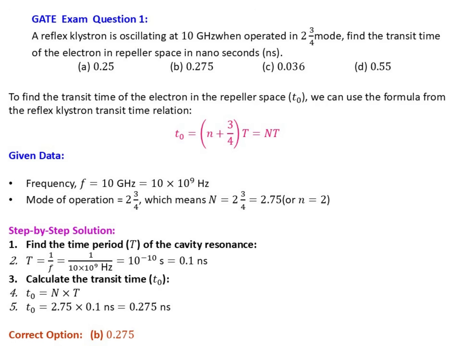Once the RF period is known, we use the appropriate mode condition. The mode tells us how many RF cycles are included in the electron round-trip transit time. After substitution, we obtain the required transit time in nanoseconds. Then identify the corresponding correct option. The important concept is that the mode number directly determines the electron transit time.